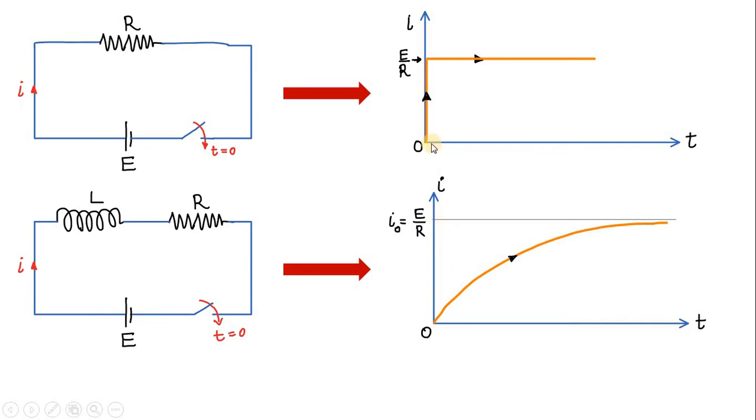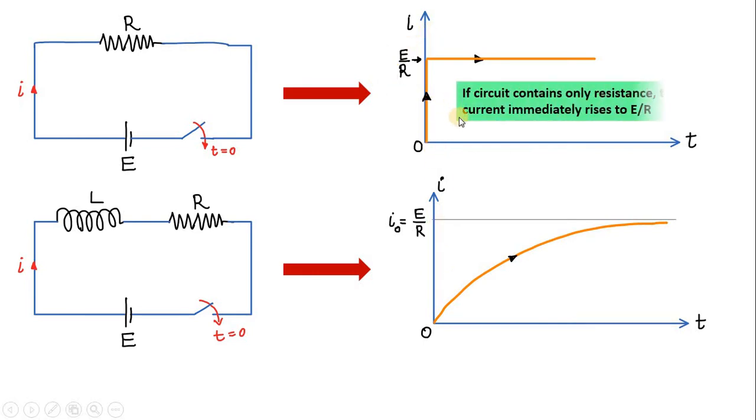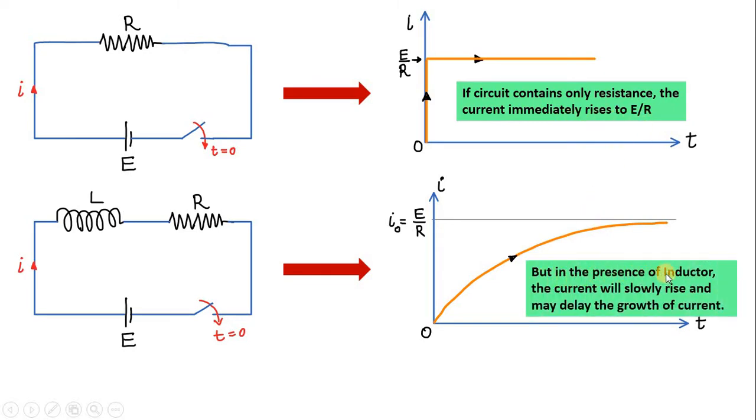It will not allow the current to suddenly rise and become E by R. So if the circuit contains only resistance, the current immediately rises to E by R. But in the presence of an inductor, the current will slowly rise and there is a delay in the growth of current.